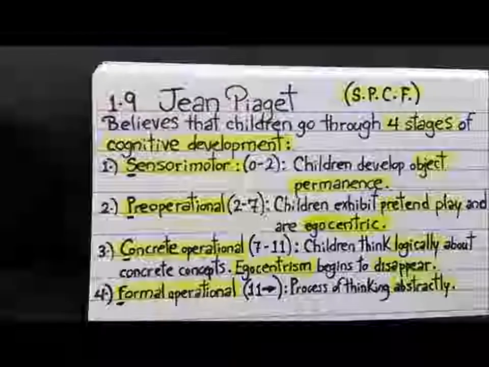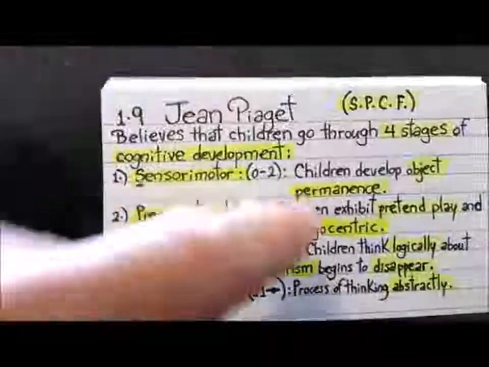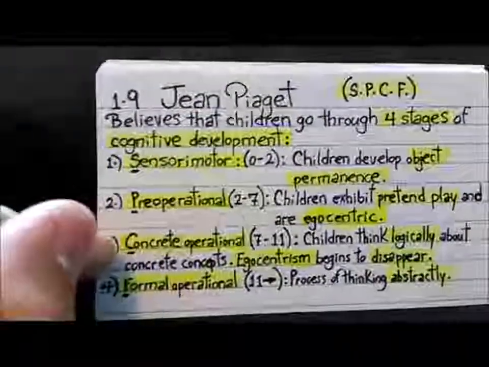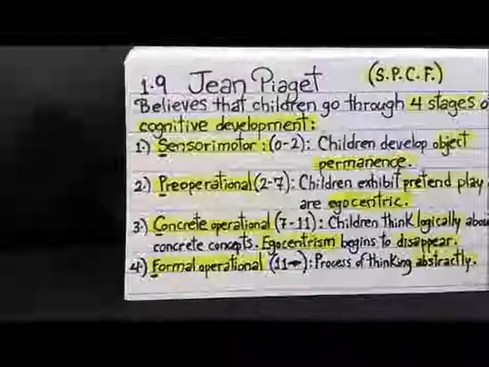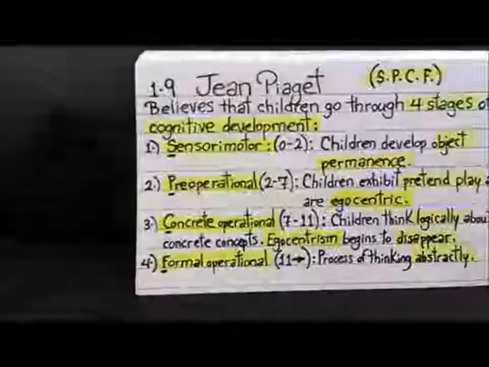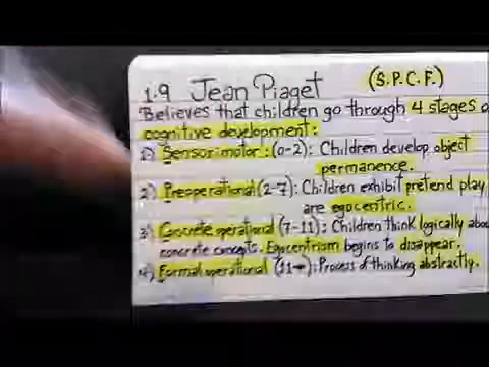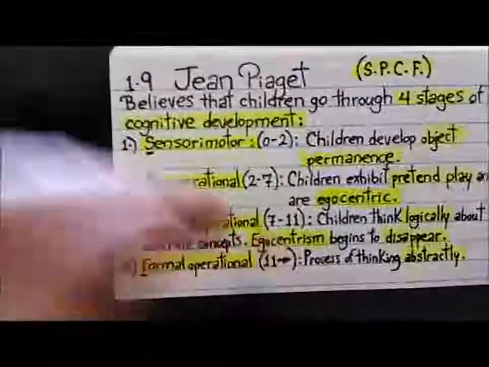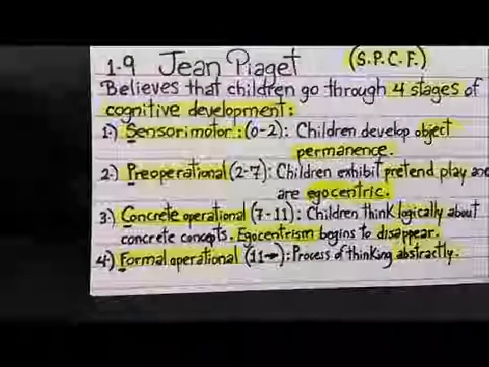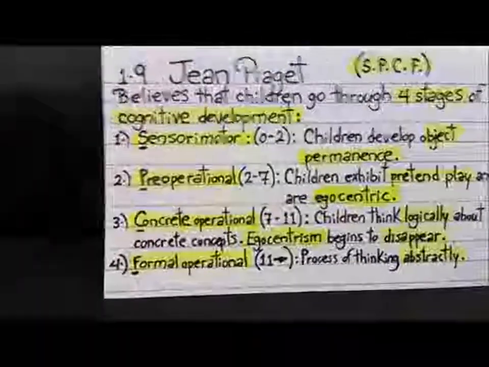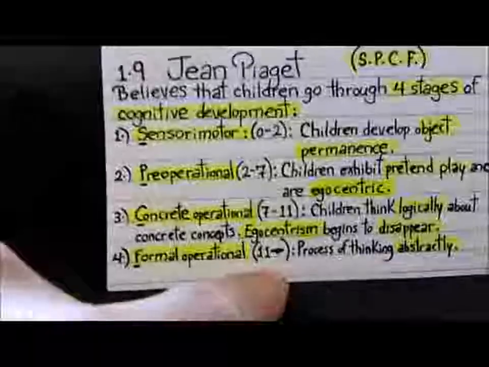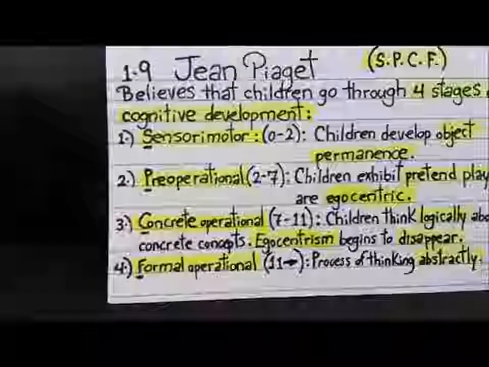Pre-operational, 2 to 7 years old. Children exhibit pretend play and are egocentric. Third, concrete operational from 7 to 11 years of age. Children think logically about concrete concepts. Egocentrism begins to disappear. And the last one, formal operational, from 11 and above, is the process of thinking abstractly.